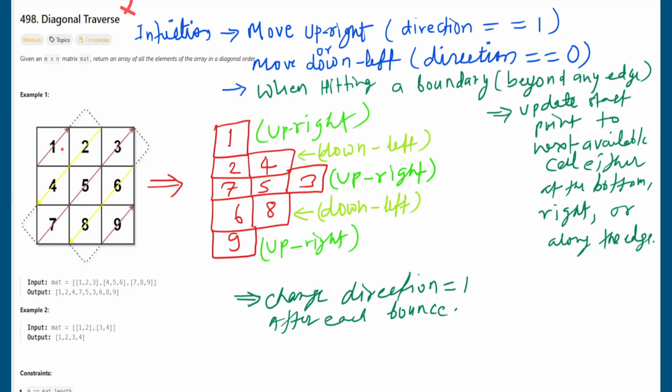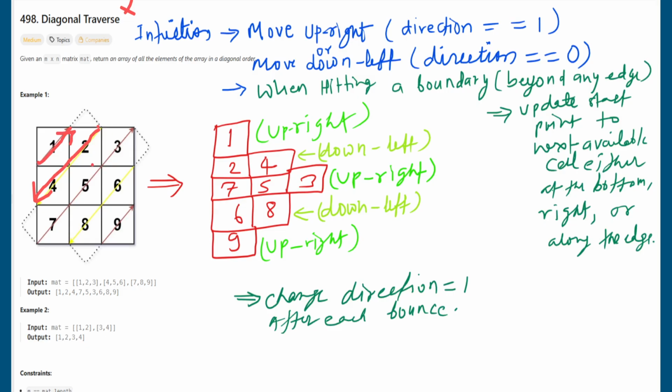If you understand this problem, it says that we are given a matrix with all the elements in its cells, and we have to return all the elements of the array in diagonal order. As you can see, first we return 1, then once we reach here we have to reverse the diagonal, because initially we go like this.